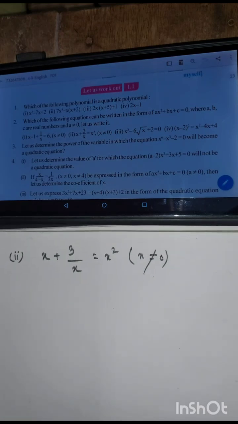Okay, let us see whether or not we can convert it into our known form of quadratic equation.